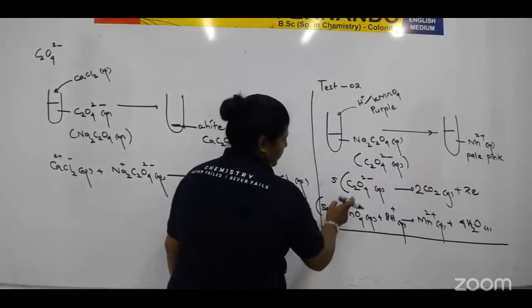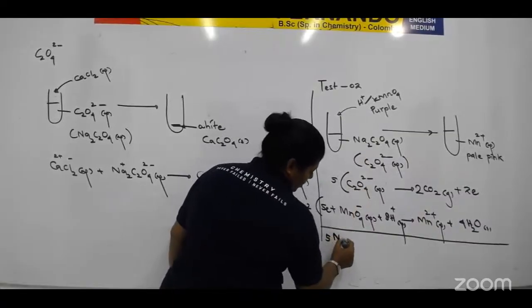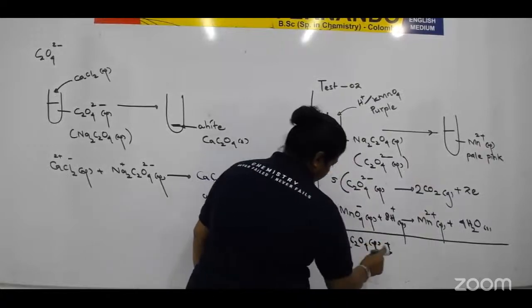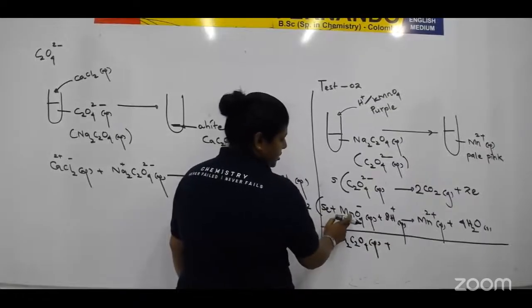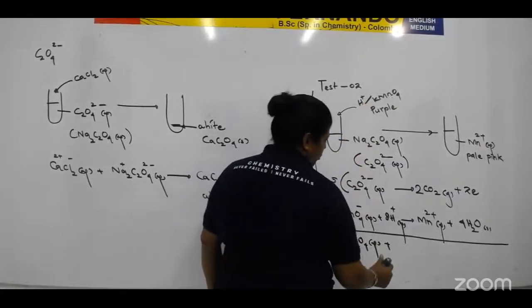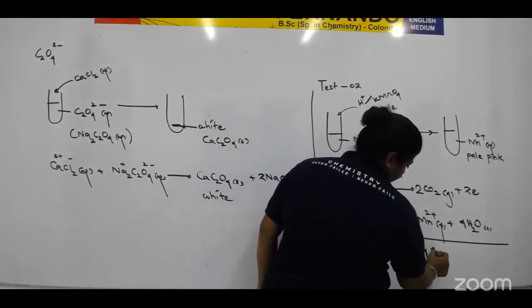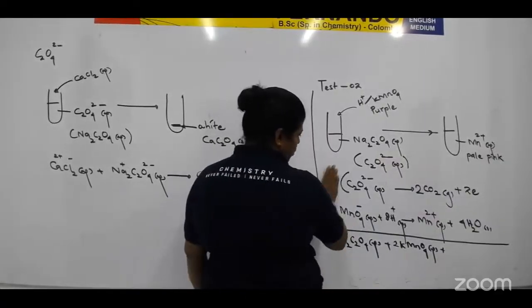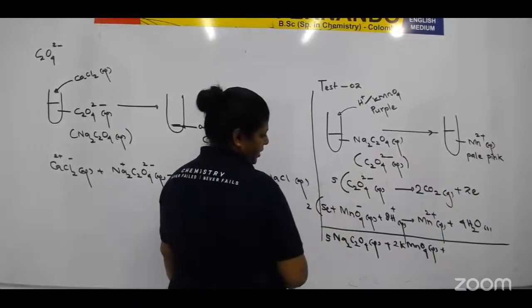Then 5, instead of the oxalate ion, I will write sodium oxalate, Na2C2O4. 2 MnO4-, instead of MnO4-, I will write 2 KMnO4. Here there is no other compound on the reactant side with the oxalate.